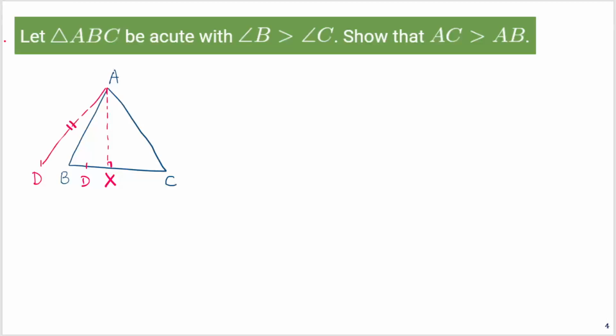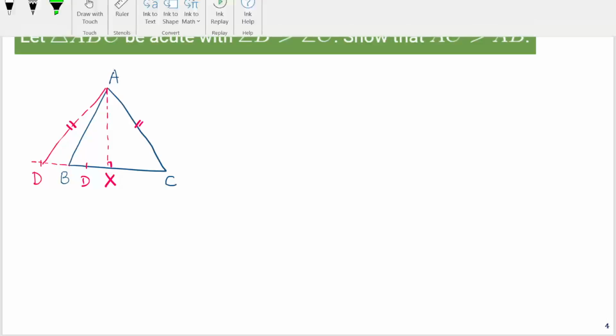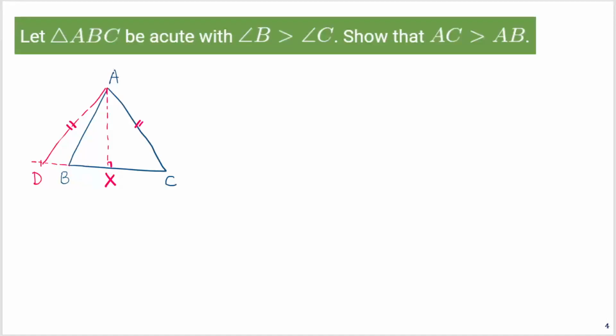Such that AD equals AC. Well, intuitively, D should be beyond B on the ray CB, right? Like this. But still, you need to prove that, right? Okay, so first of all, let's see if we can prove that.